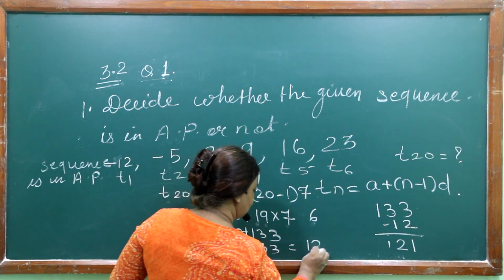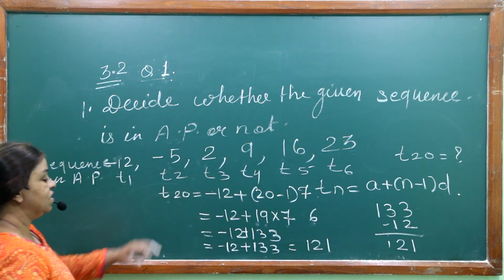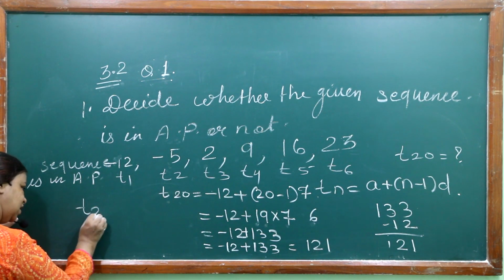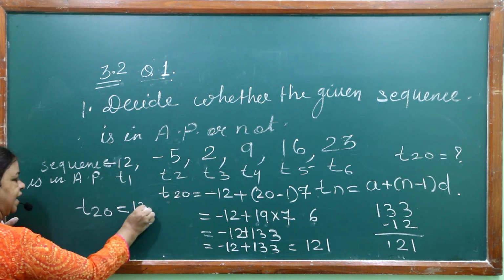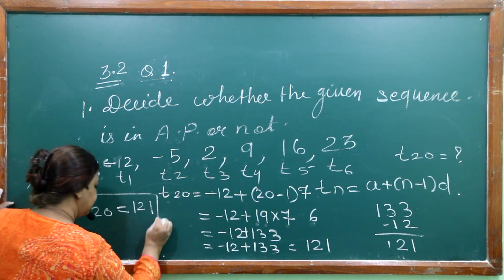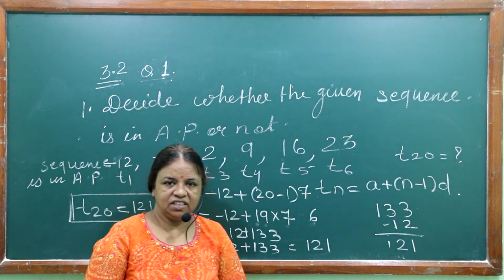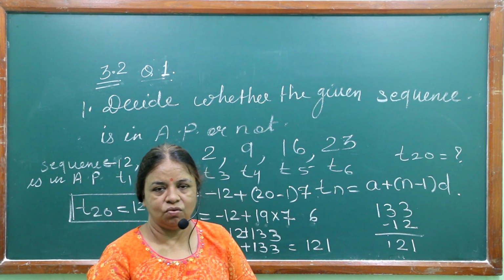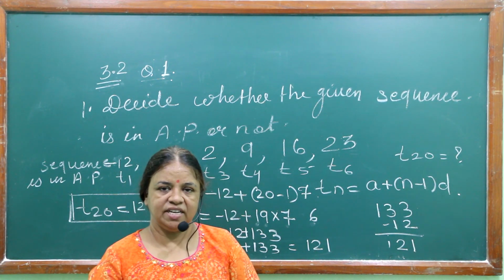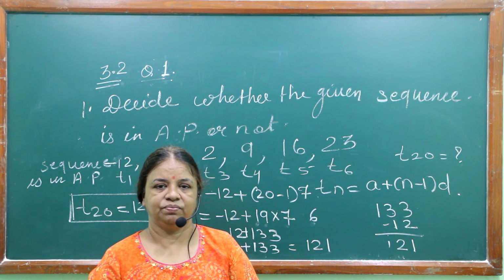So the T20 term is 121. So we end with the 3.2 exercise, and we will go for the 3.3 exercise in the next video. Thank you, children.